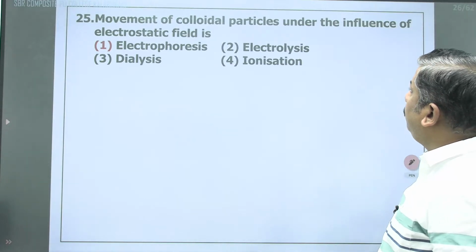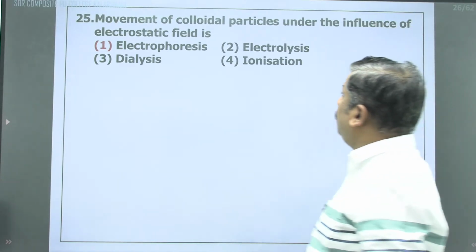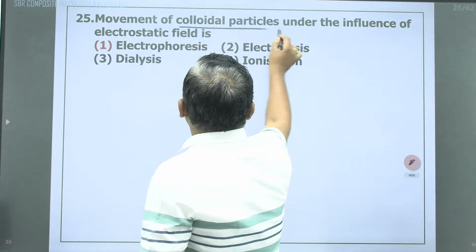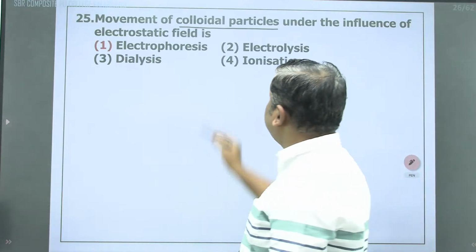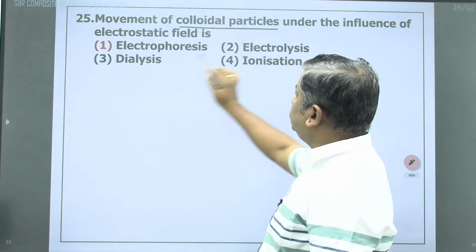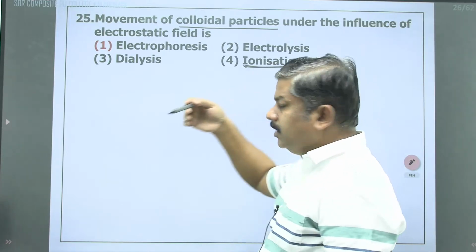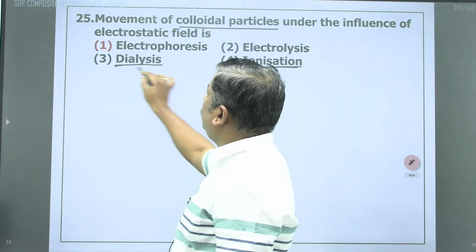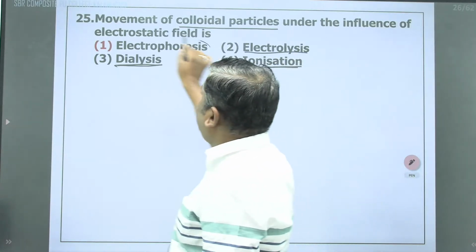25. Movement of colloidal particles under the influence of an electrostatic field is commonly called: electrophoresis, electrolysis, dialysis, or ionization. Ionization is not applicable for this one, and dialysis is a method of purification of colloids. Electrolysis is also not applicable here.